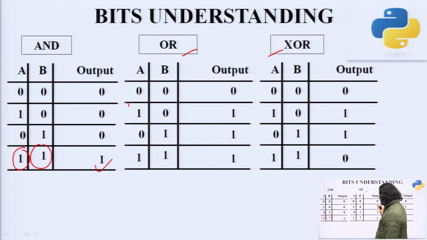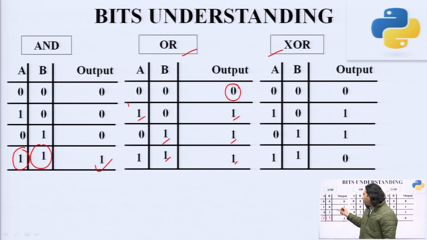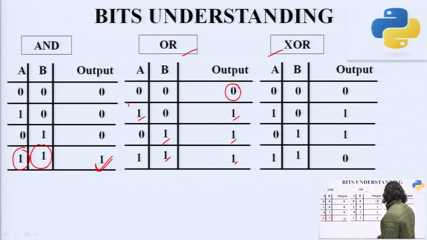Similarly, for OR, if at least one condition is true, you will get true, because OR means at least one variable or condition, but in AND all conditions must be met to get true, that is 1. But in the XOR case, if exactly one of the conditions is true, you get true, but in the remaining 2 cases you get 0.